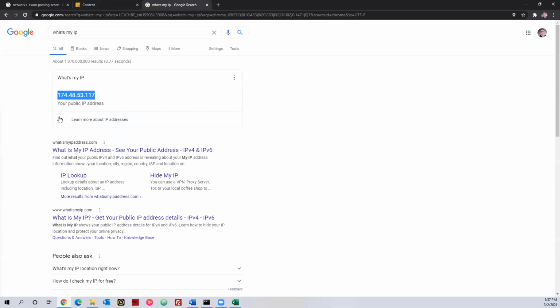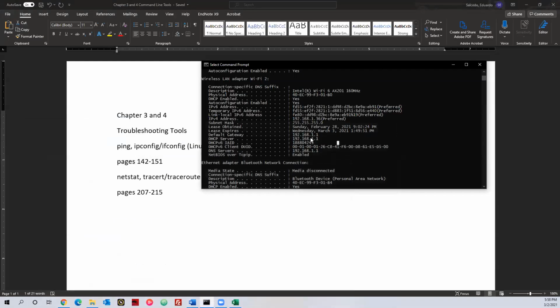This is my IP address. But yes, internally I have 192.168.1.something that my router has set up. So I think currently I have like 30 something things connected on my network. So each one is assigned, of course, a different IP ending.